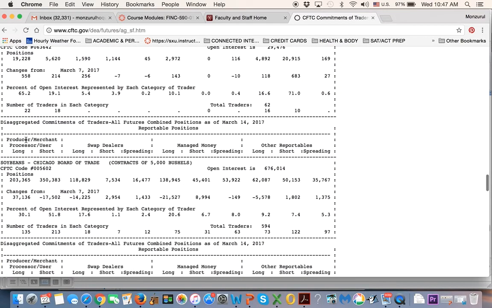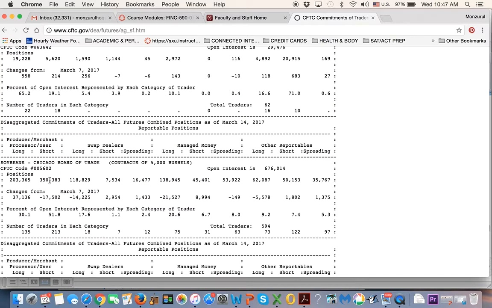You now look at these two columns that you are interested in. These are basically the hedgers' positions, and these are managed money, and others are your speculators' positions. So we'll ignore them.